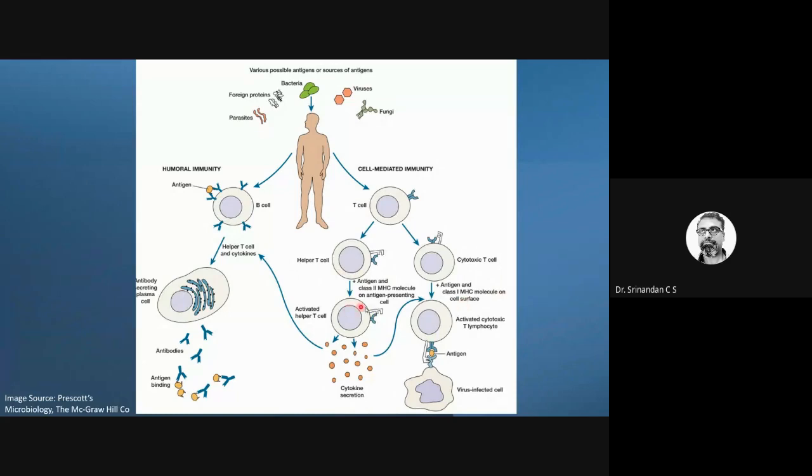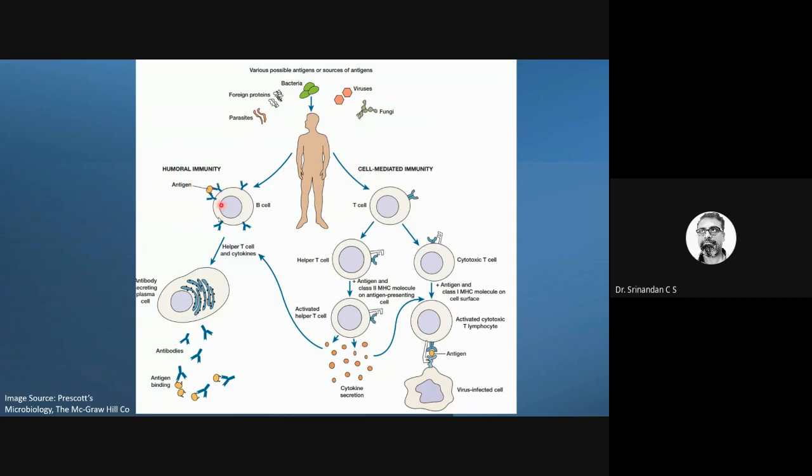You may not necessarily remember these things in this course, but it is good to know the process. T cells are further distinguished into CTLs or TH cells, the helper cells, and they will act upon the virus or sometimes even the fungi.